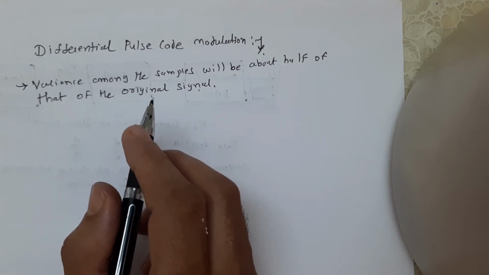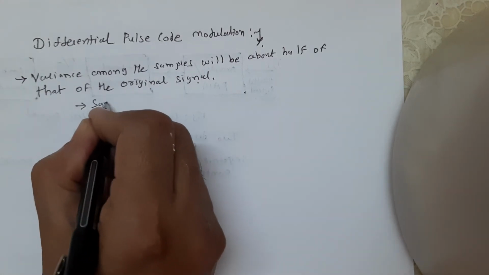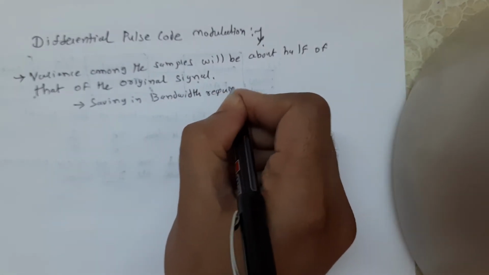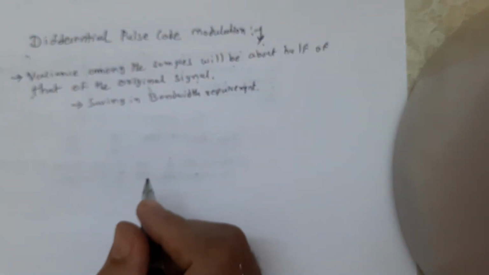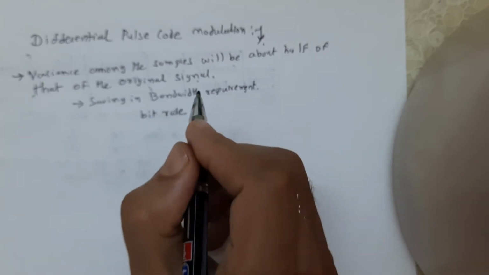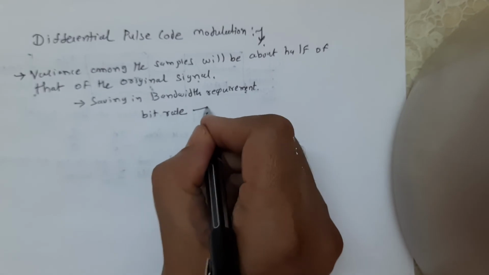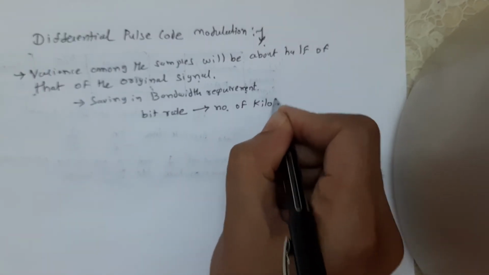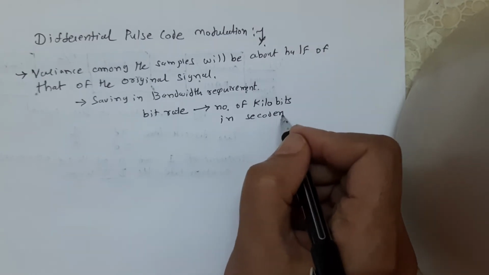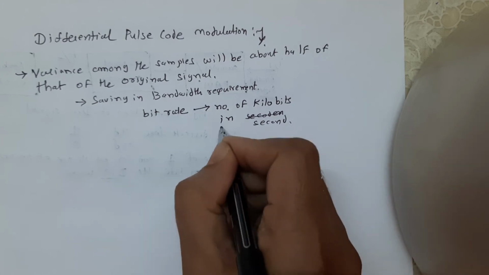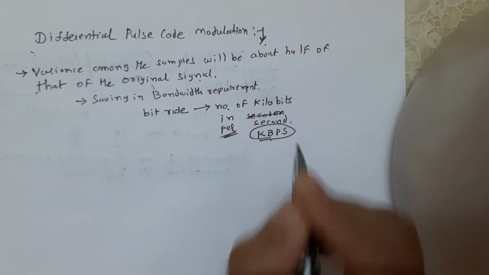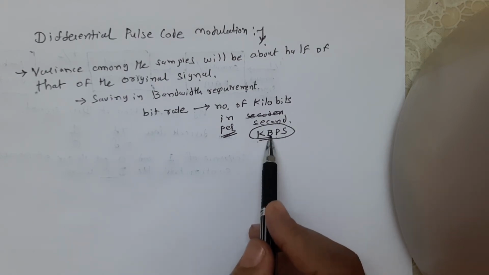Hence, there is a saving in the bandwidth requirement, measured as a bit rate, defined as the number of kilobits per second, or kbps.